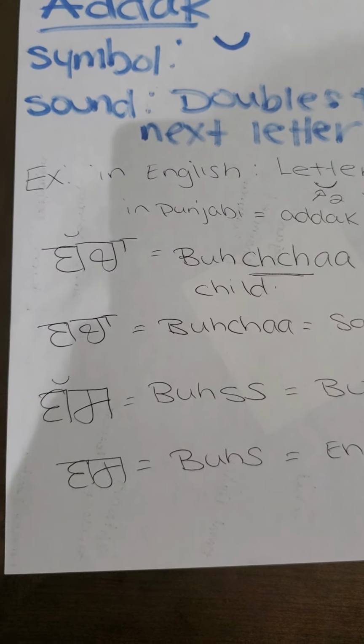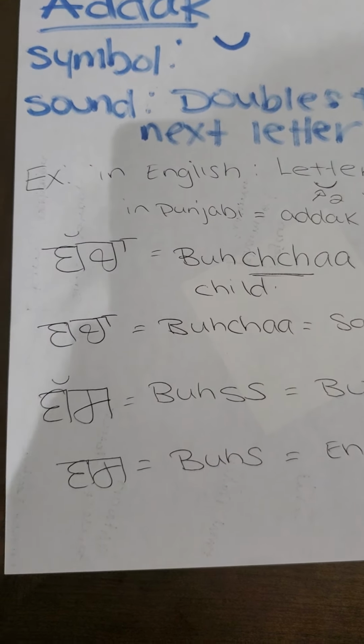The only way to know whether a word does have an addak or not, like if there are two words that sound the same, have the same akkad, and you're not sure, okay, is there an addak there or not? Unfortunately, it's basically just through observation. So the more you end up reading Punjabi, the more familiar you get with Punjabi vocabulary, you'll be able to remember and kind of hear the difference and know whether or not there is an addak or not.